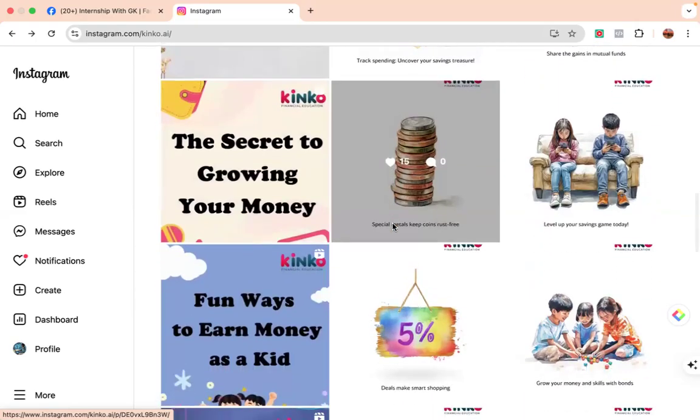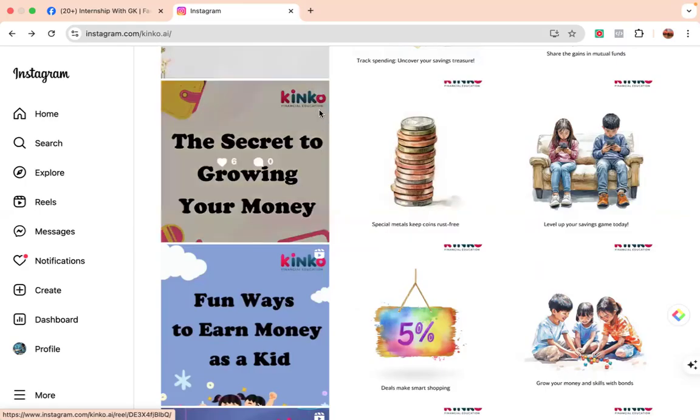This is, I would not exactly term it as fun, but it is kind of interesting, wherein I can relate with this particular object on a day-to-day basis. And it also sparks a sense of pun in my mind. Special metals keep coins rust free, meaning you keep all the coins together, which means that you are saving, and that is the purpose of this financial literacy program.